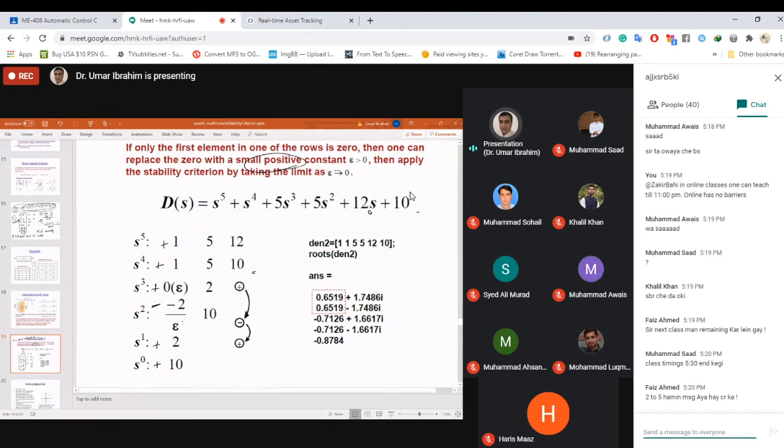Therefore, in this whole system, there is one sign change from here to here, and a second sign change from here to here.